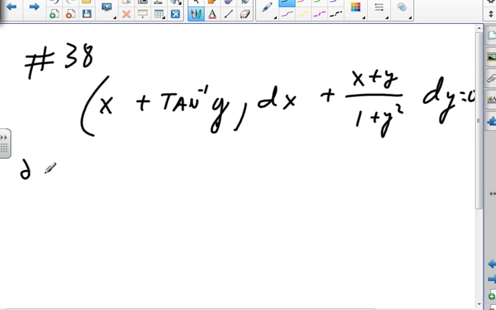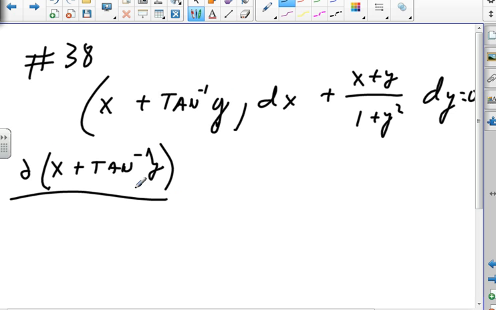Okay, so the partial of x plus arctangent y with respect to y equals. Right, so what is that? Is it 1 over 1 plus y squared? I think that's what it is. The derivative of arctangent. It's probably in the front of the book, and I'm looking in the back of the book.